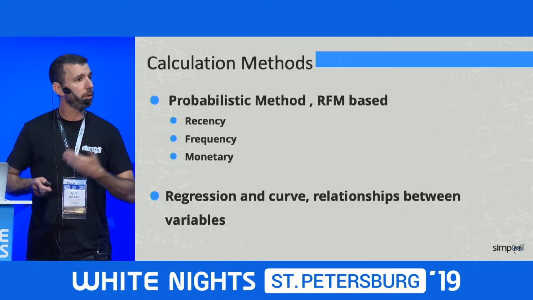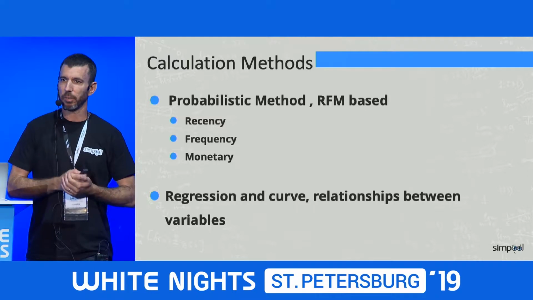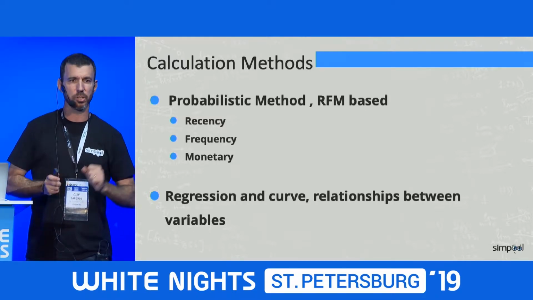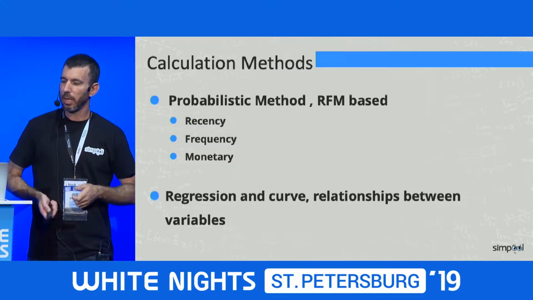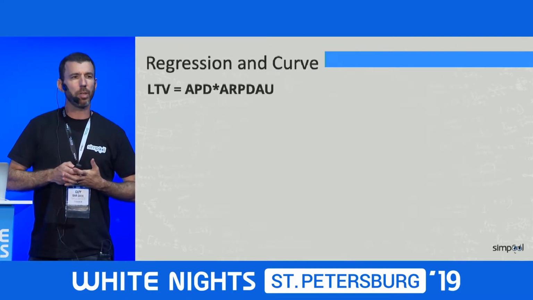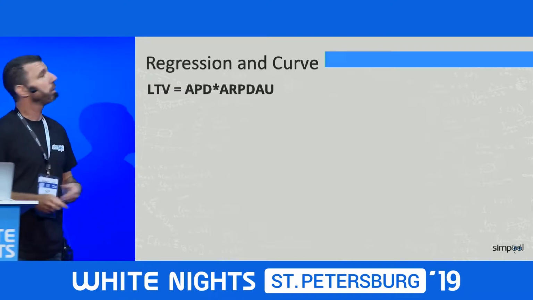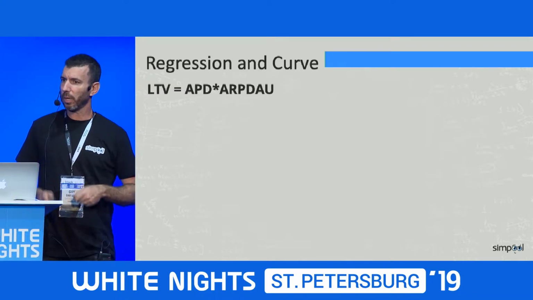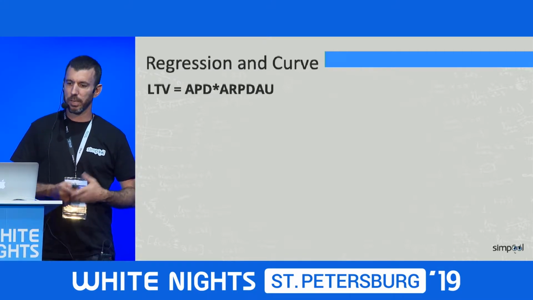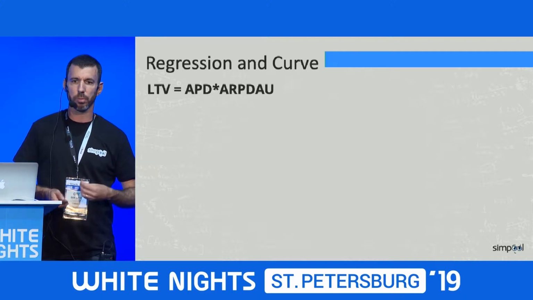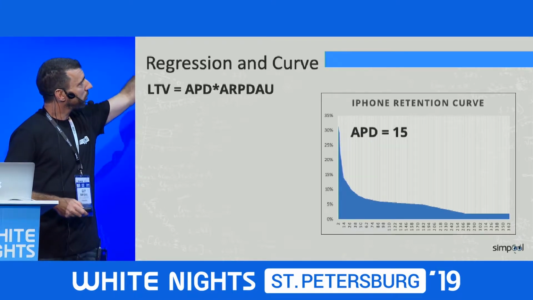There is also another significant approach which reflects a regression and curve, which mostly touches correlation between different variables. I would like to give you a small example, which is also something that we're doing in Simpool. We're using this simple formula: lifetime value equals APDs, actual playing days, multiplied by the average revenue per daily active user, ARPDAU. The way to calculate APDs is using this retention curve.